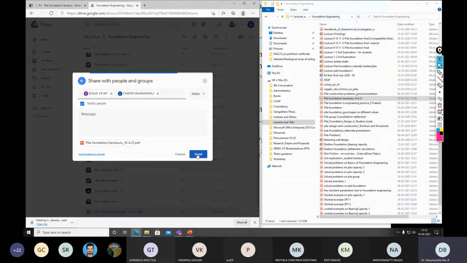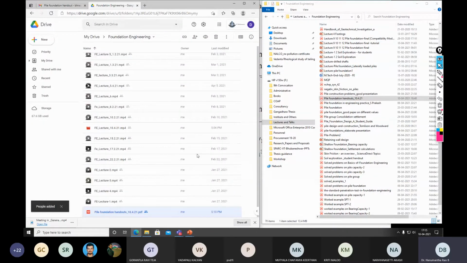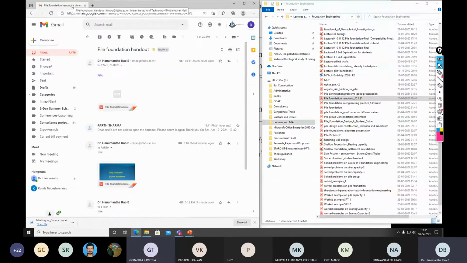Yeah, in two modes I have sent. One directly through Google Drive, another directly by email. Now download it from the previous mail. Okay, very good, very good.